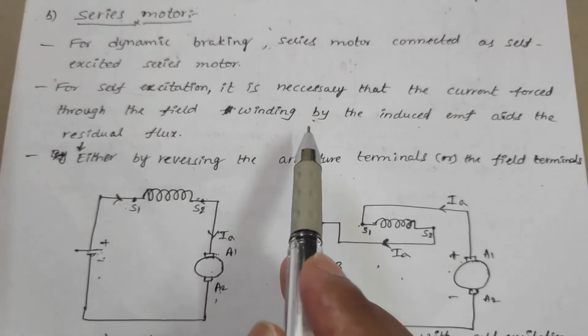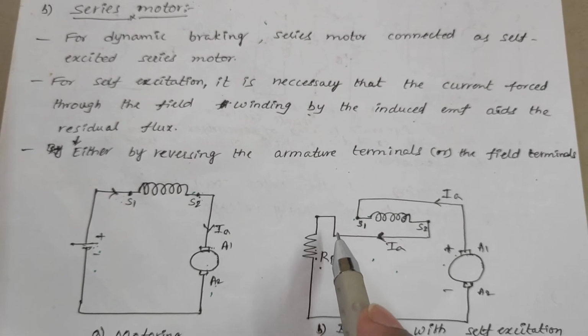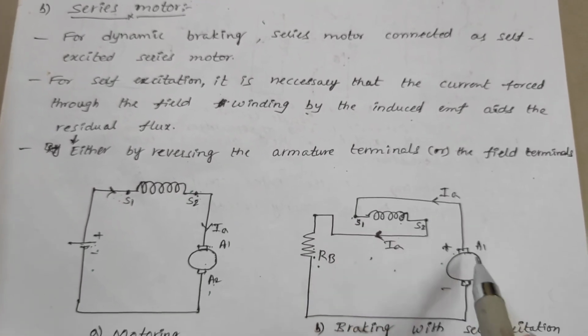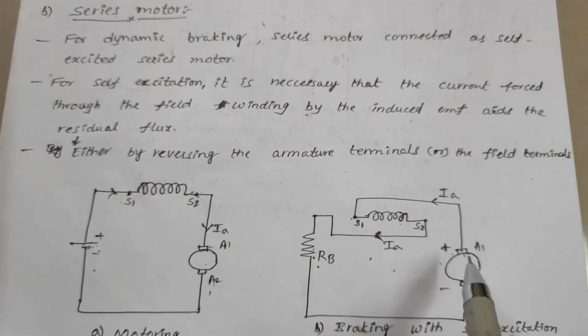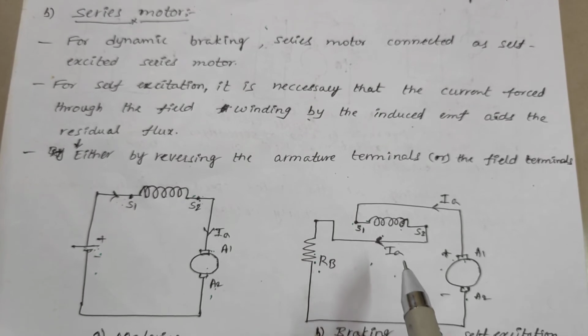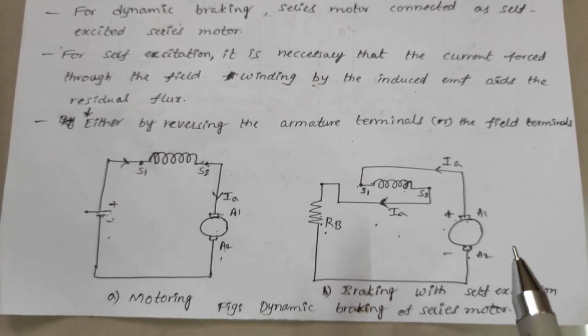To get the above condition, here also if you want to allow the current through the field winding in the same direction, you have to reverse the armature connection. Otherwise, you have to reverse the field connections. Either by reversing the armature terminals or field terminals, the braking with self-excitation is achieved.